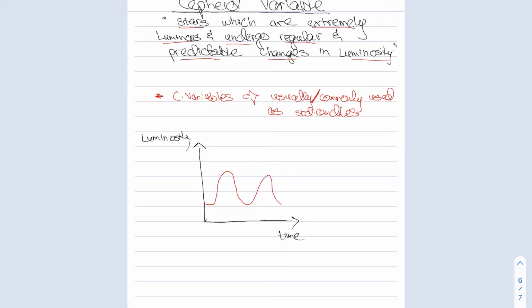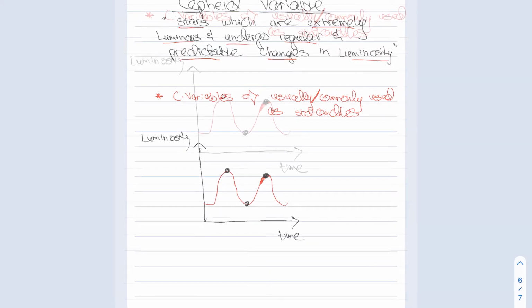This is how they change the luminosity. From the graph you can predict what luminosity they would have at a specific time. At this point they have maximum luminosity, and here minimum luminosity. This is something you should know for extra knowledge. Cepheid variables are not directly in the syllabus, but they are something on the side that you should know.